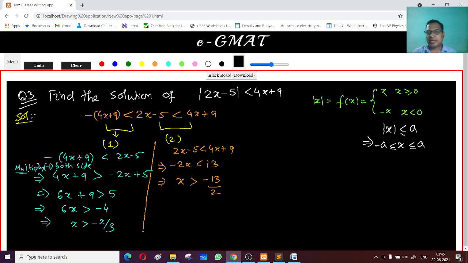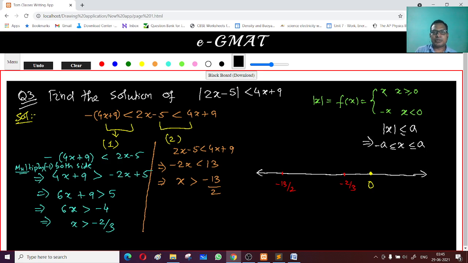So if I take my number line, on this number line, if I take a point, say O, let me put this point over here, and then let me put this point. So that is minus 13 by 2, that is going to be over here, and minus 2 by 3 will be over here, right?